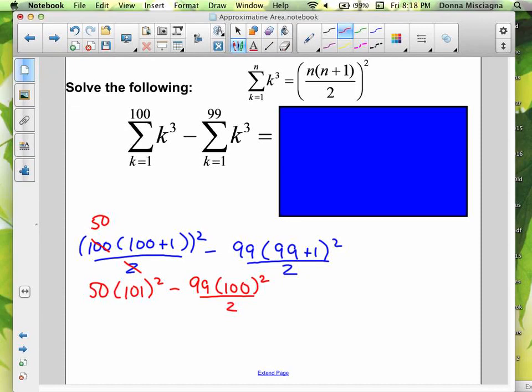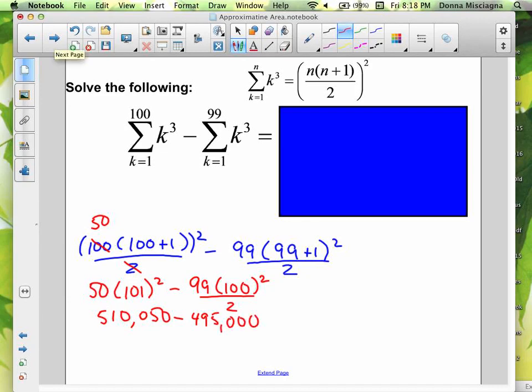So that first term there is 510050. And then the second term there is 495000.